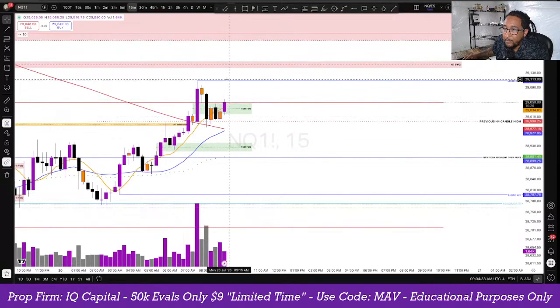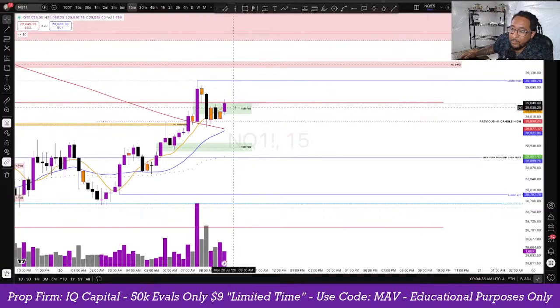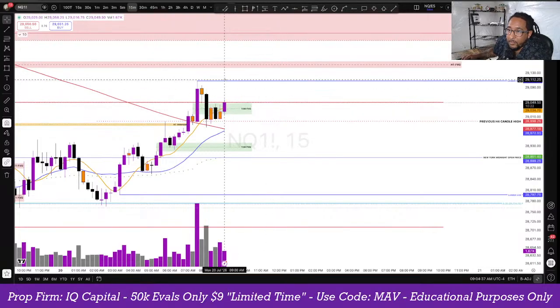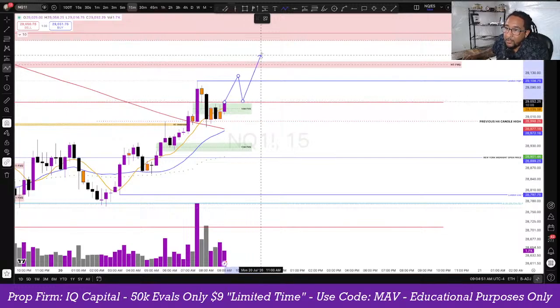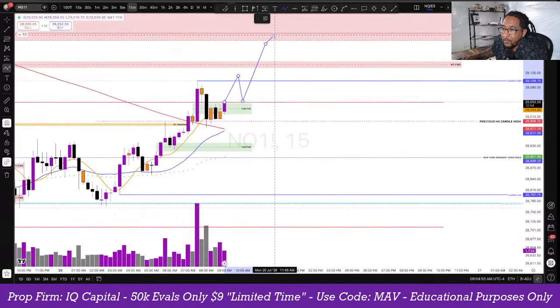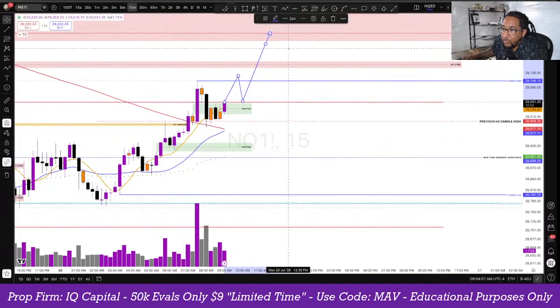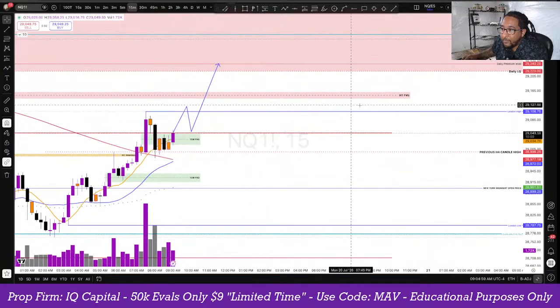So we could come up, reclaim this bullish FVG and break these highs, come back down for a retest. Looks something like this. Come up, break these highs, down for a retest of this area and shoot back on up, and that would be our draw on liquidity, which would be that bearish daily fair value gap.